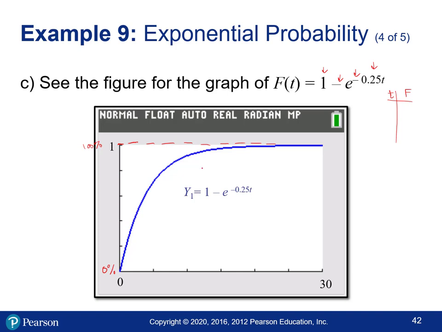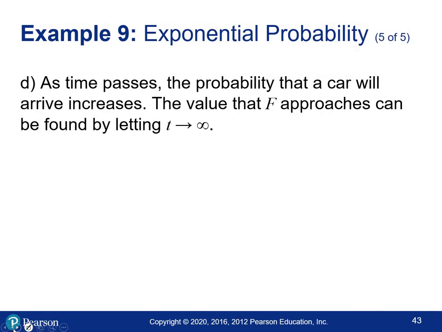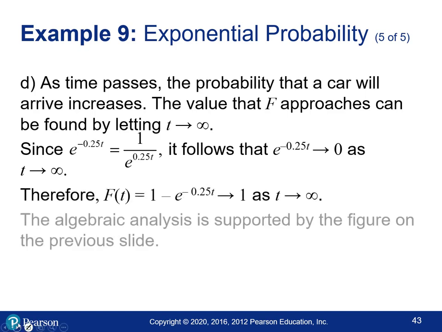So that's why this graph should actually make sense intuitively for us, that it goes from 0 to 1. And so the last part: as time passes, the probability that a car will arrive increases. If we just let t get very large, then algebraically we can see what happens, but we can also tell from the graph that we looked at on the previous slide.